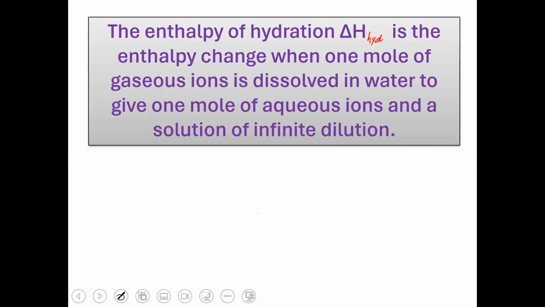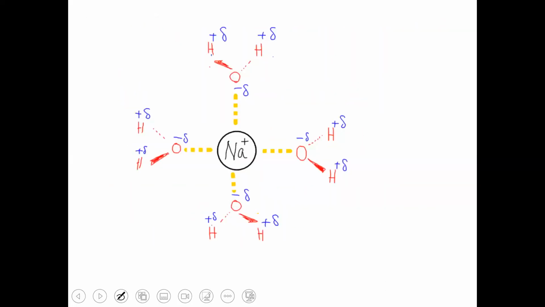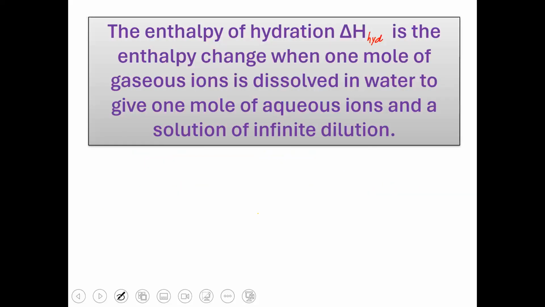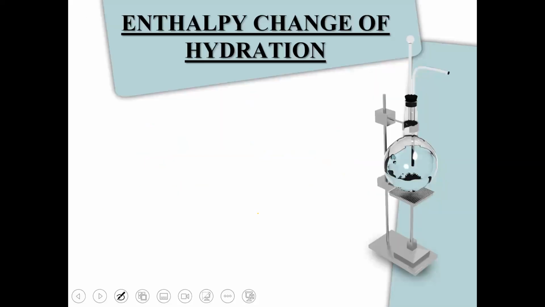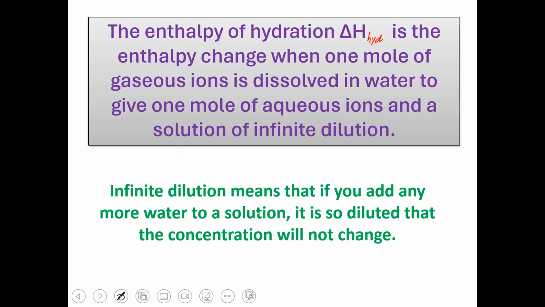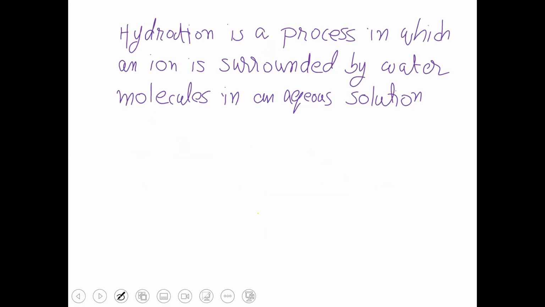What is hydration? When water molecules surround an ion in an aqueous solution, it is called hydration. After this process, some energy is released, and that energy is called enthalpy change of hydration. So these are the two concepts in our class by now.